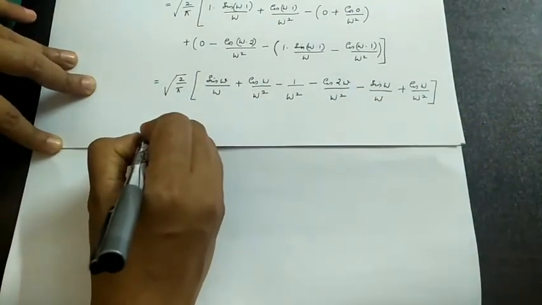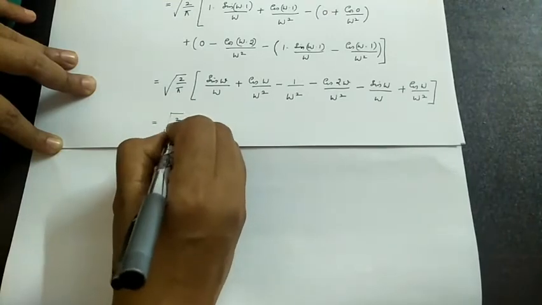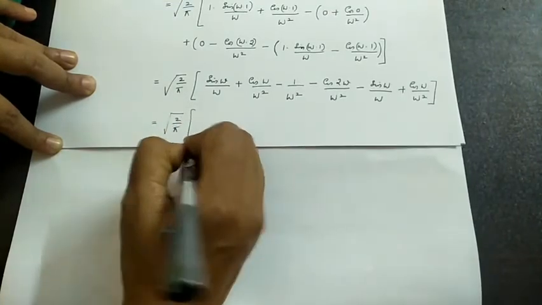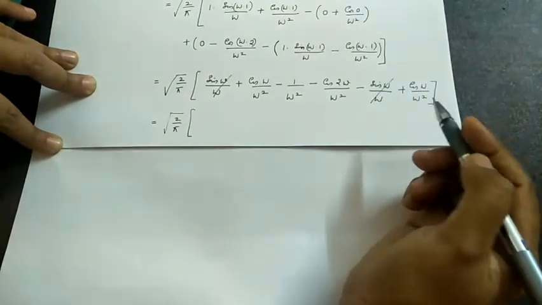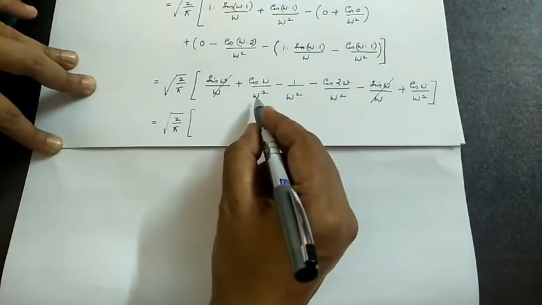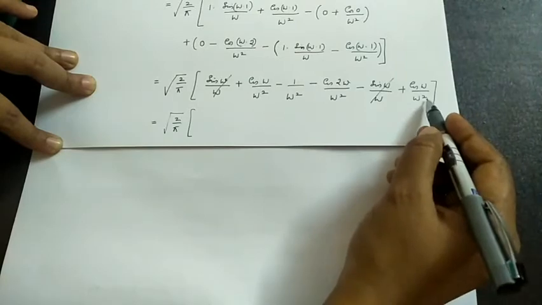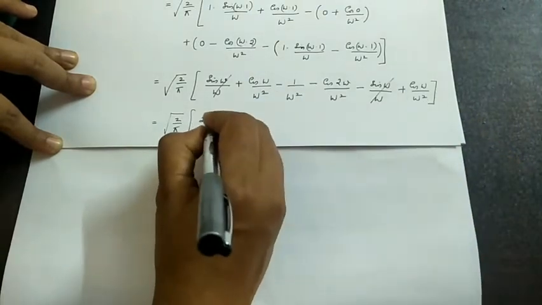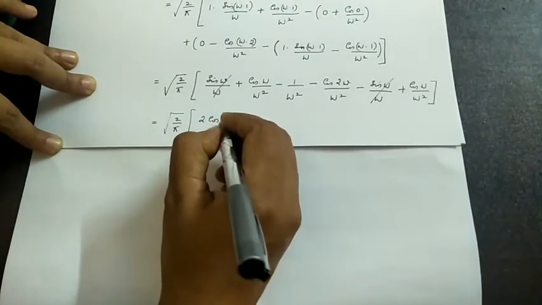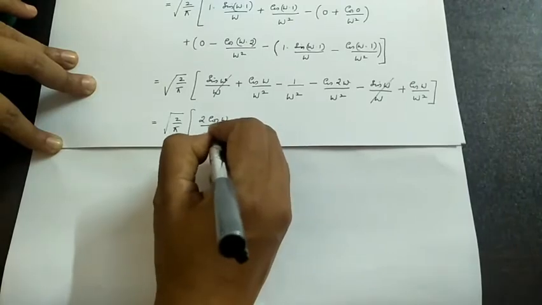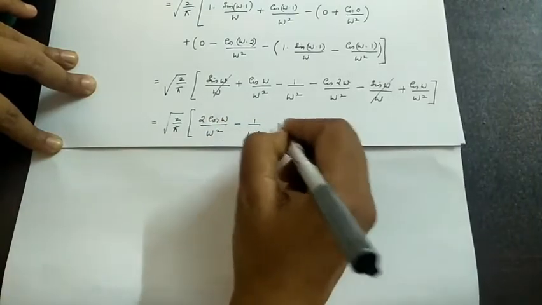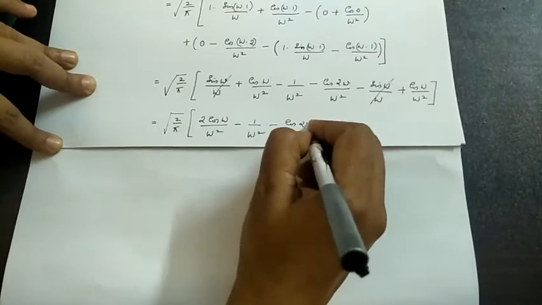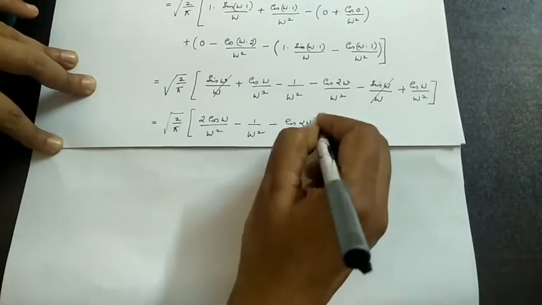Which is equal to root 2 by pi into, here we can cancel sin omega by omega and minus sin omega by omega. The other terms: we have two terms of cos omega by omega square, therefore 2 cos omega by omega square. Then minus 1 by omega square. Then minus cos 2 omega by omega square.